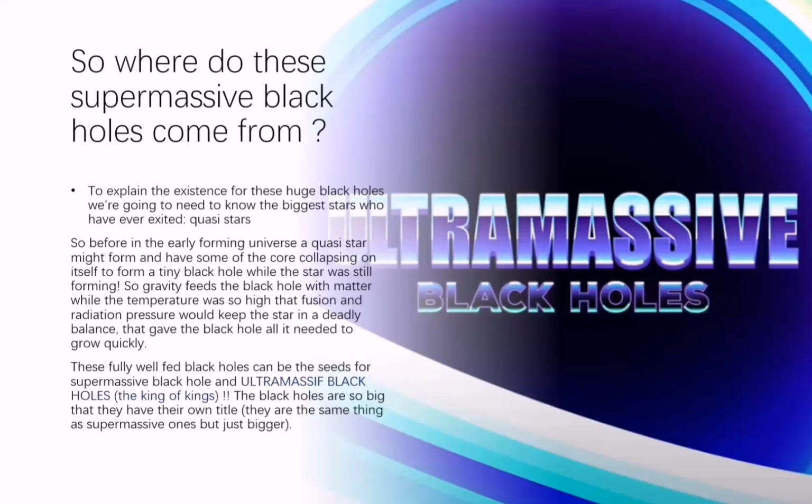Then gravity would compress all the mass, and some of the matter would fall into the black hole. This matter is so hot that the radiation pressure was keeping the star steady. That gave the black hole all it needed to grow at very high speed.